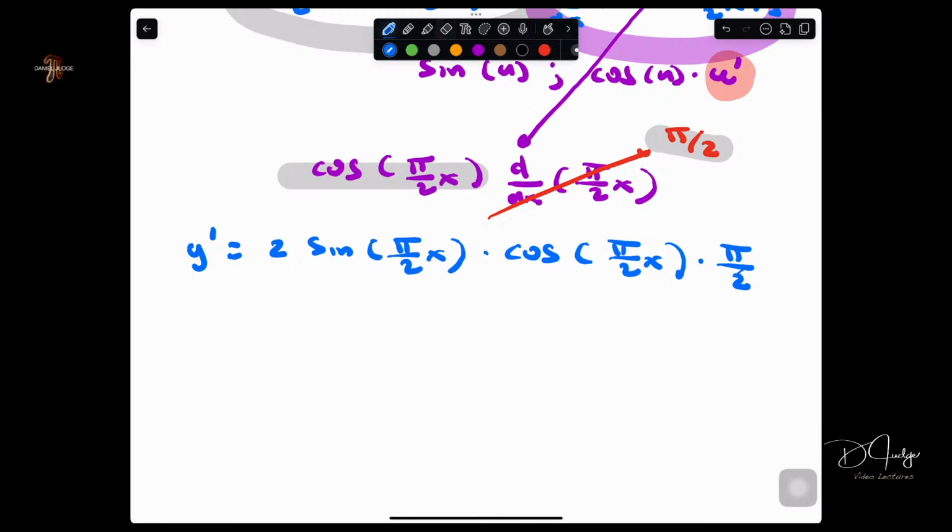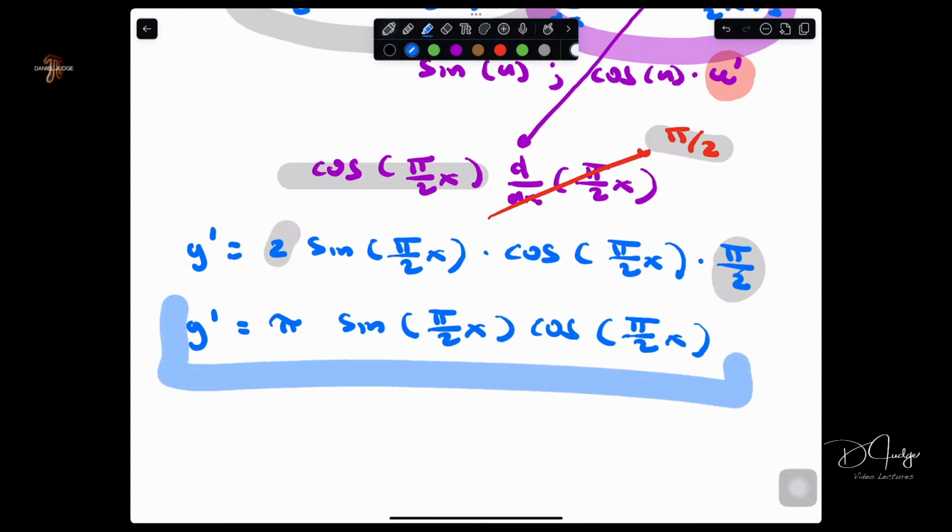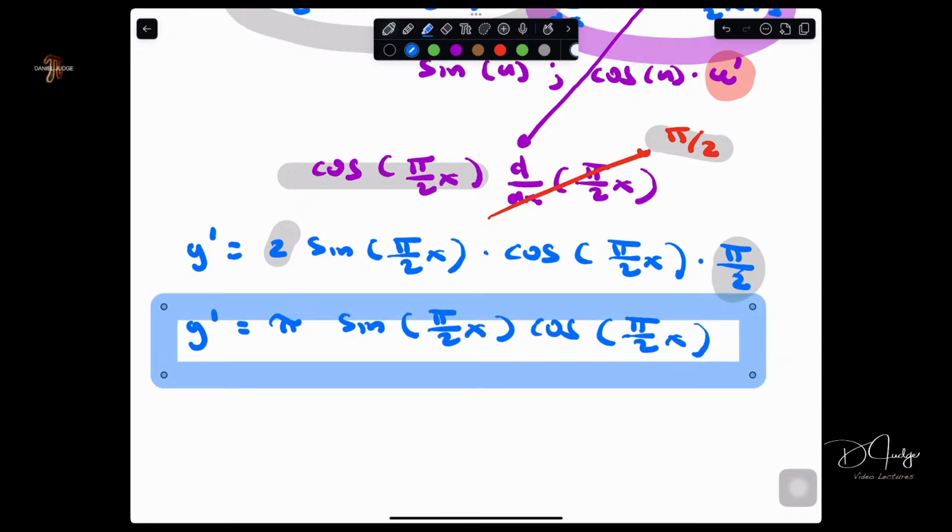Now, don't forget that we typically like to put that constant in front. So pi over 2 times 2 will just be pi. Okay, so we have pi sine pi over 2x cosine pi over 2x. Okay. All right, looks like it's okay.